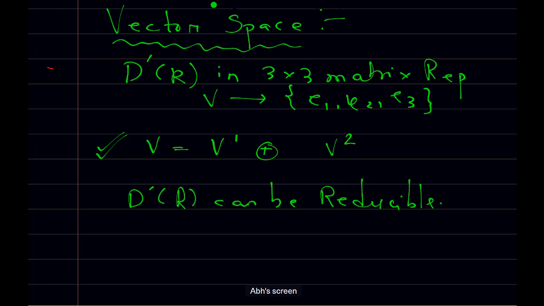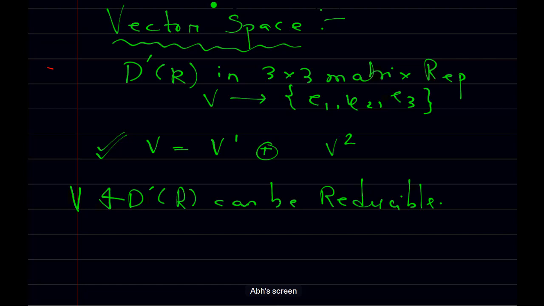That means if this was formed in a representation V, and it turns out that V has 2 sub vector spaces, V1 and V2, and we all know that if you have sub vector spaces, then you can make a direct sum of vector spaces and form a larger vector space.